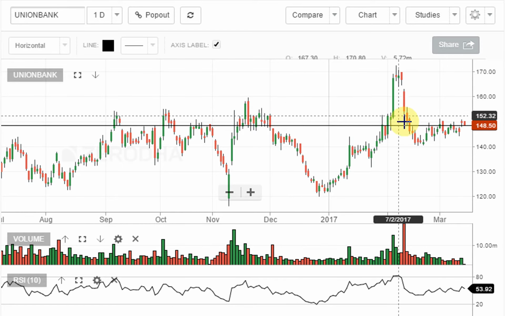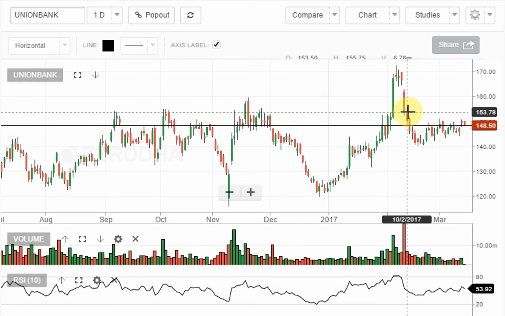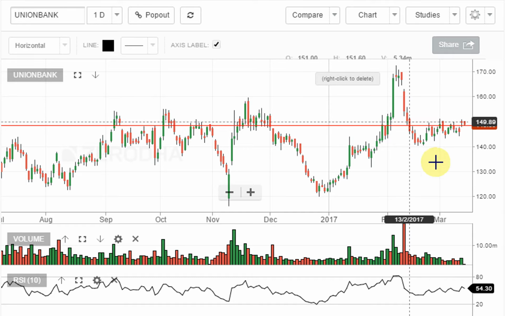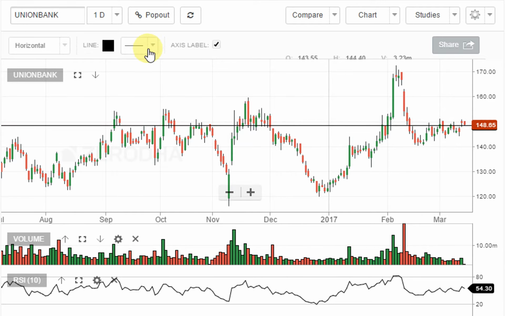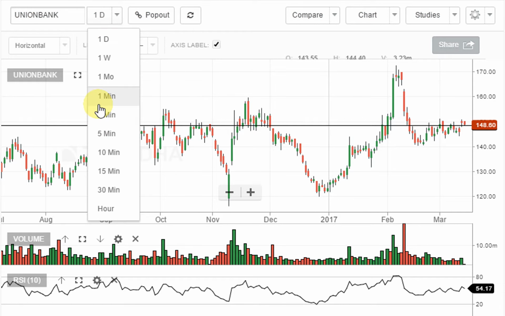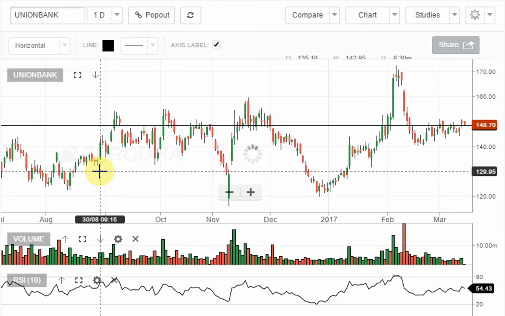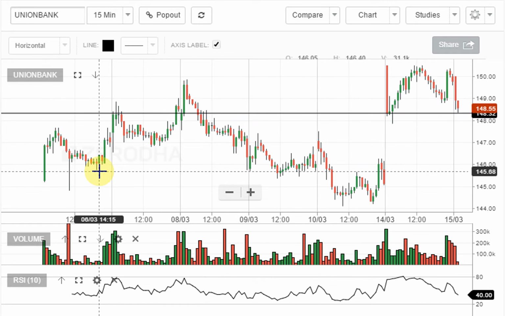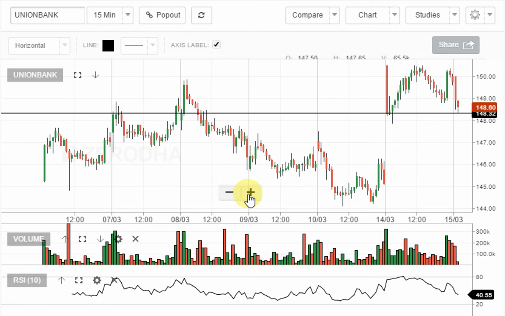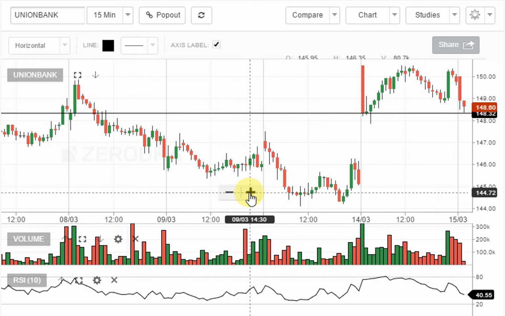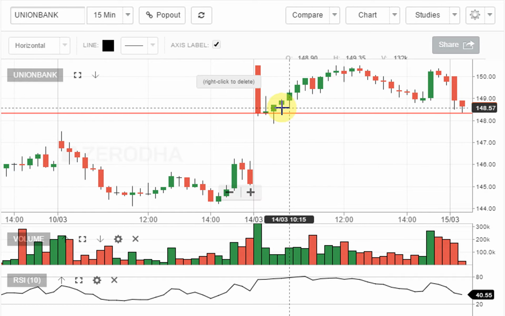But as we have drawn these, we were actually looking at the 15 minutes chart. Here we came to the support level, because yesterday the same thing happened. We had taken this as support, and the stock came to this price and took the support at 148.